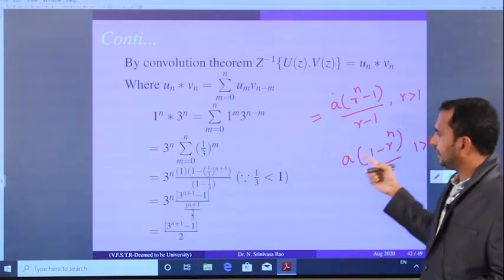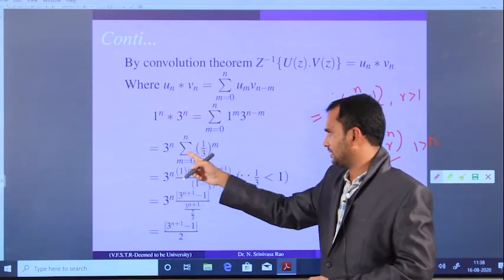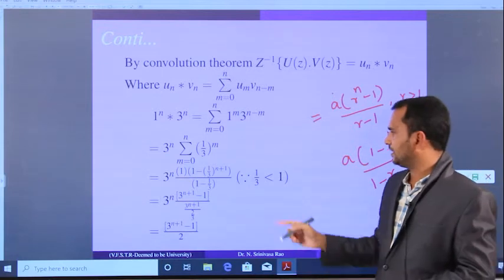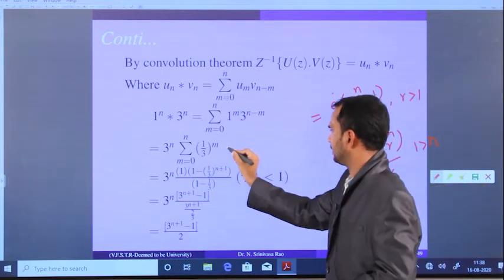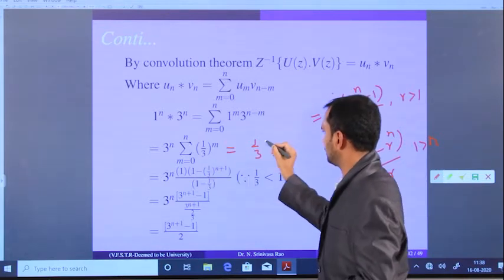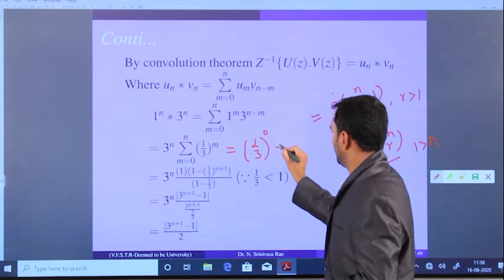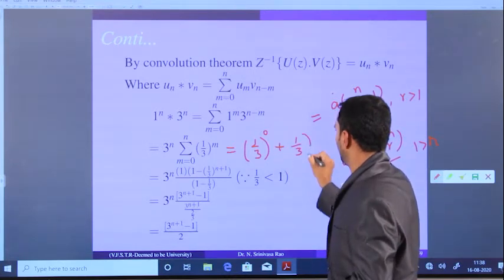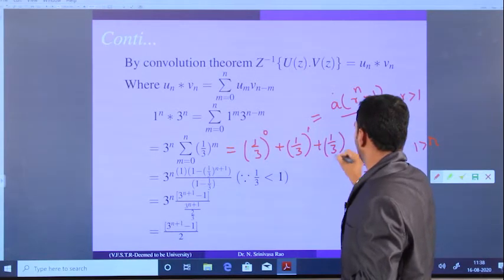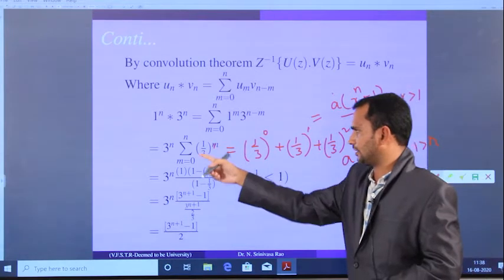Okay, so here just look at this: 3 power n into sigma m equal to 0 to n of 1 by 3 whole power m. How can you represent this? If m runs from 0 to n, it is 1 by 3 whole power 0 plus 1 by 3 whole power 1 plus 1 by 3 whole square and so on. So this is the series according to this.